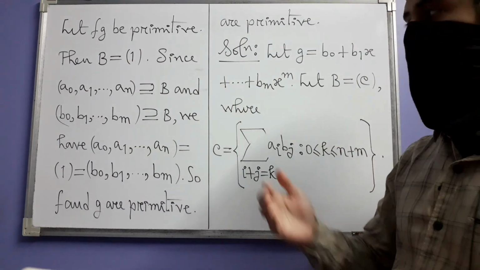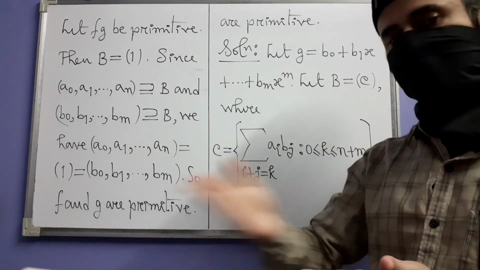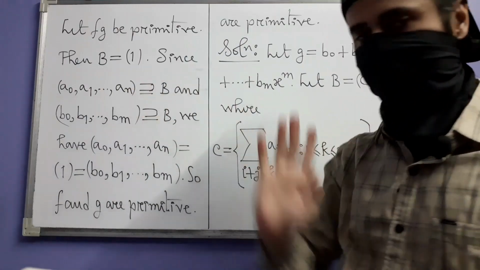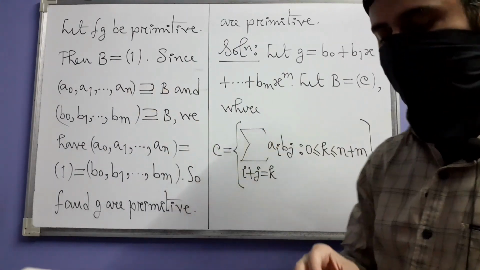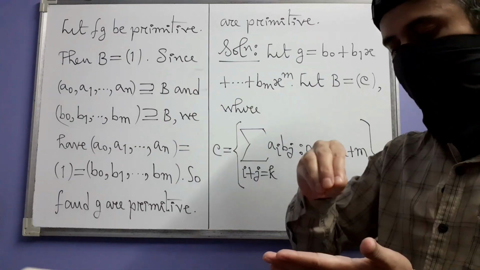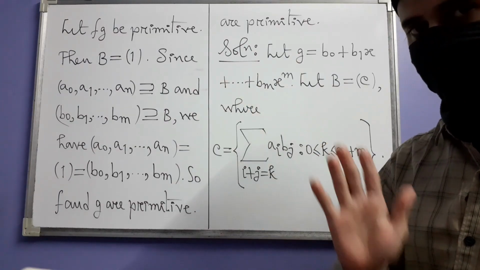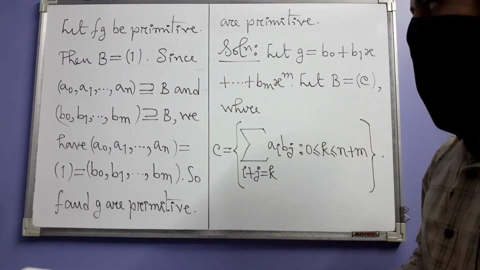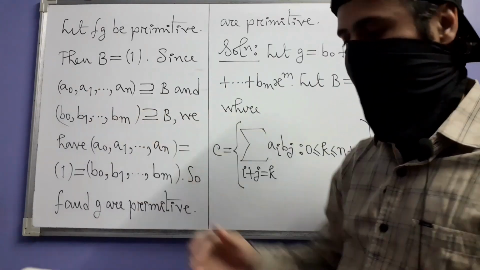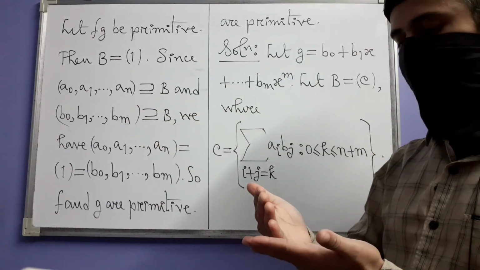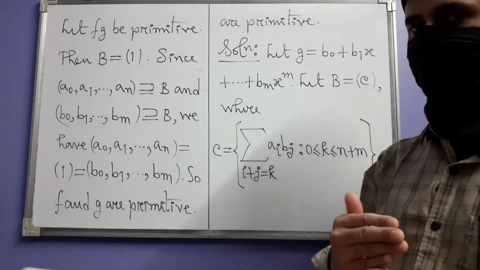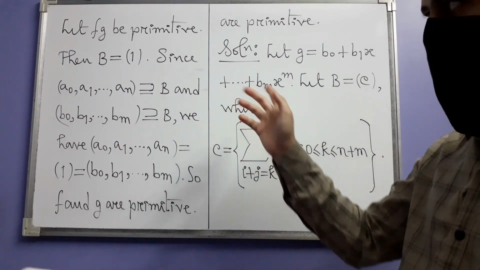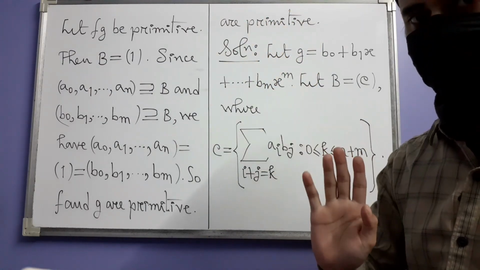They are sums of products of these ai's, finitely many of them, of course, products of ai by ring elements coming from our ring A. So a typical element in this ideal will look like this, say something alpha times a0 plus beta times a1 and so on, where alpha and beta are coming from our underlying ring A.